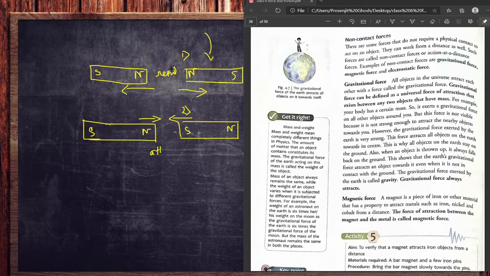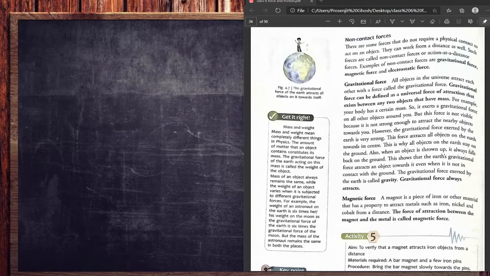Also, gravitational force is a non-contact force. How? For that, you have to think in a bigger way. Suppose this is our Earth and this is an apple. You all know that the apple is falling. The story behind it is that Newton was relaxing under a tree and the apple fell on his head.